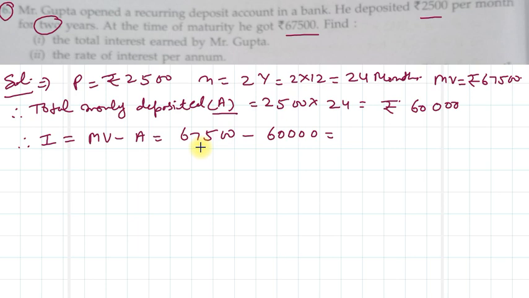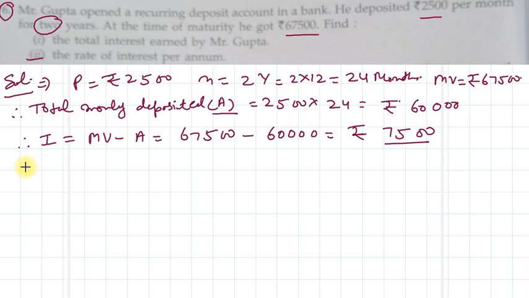So 6 got cancelled, so we will get rupees 7500. So again, now the question has become simple. So this is the total interest earned, first part, and second part we are going to find the rate of interest.